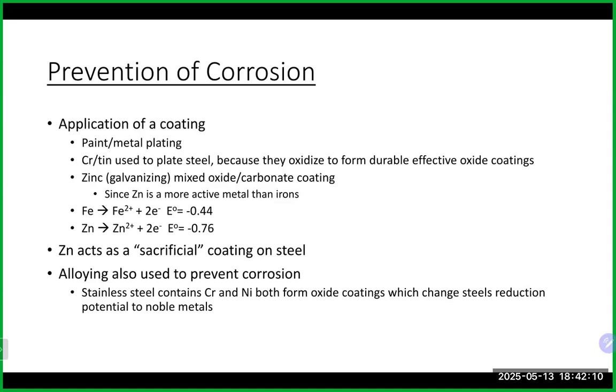What happens in this case is that between the iron and the zinc, the one that's more positive is the iron, which means when we put the zinc on there, our zinc, which is the coating on top, is where all the oxidation occurs. Again, protecting the iron that's underneath it from corrosion.